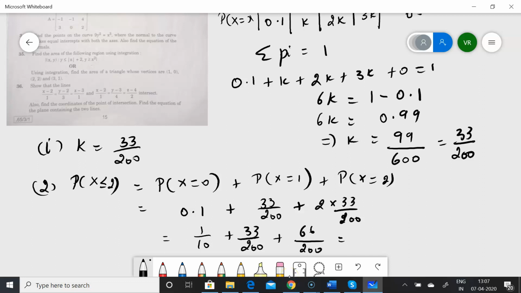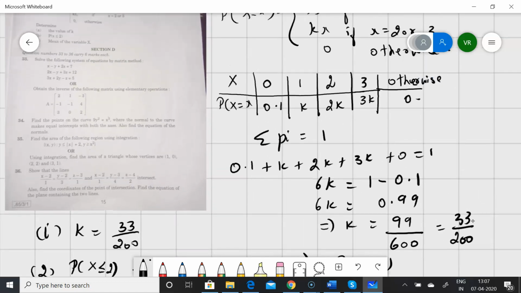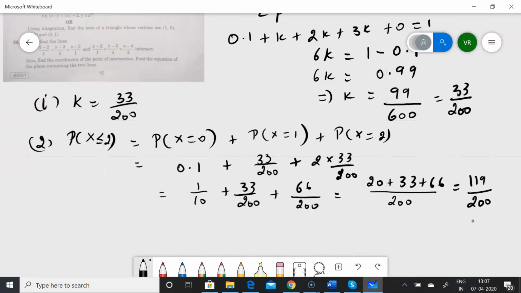So that gives me 200. So 20 plus 33 plus 66, which is nothing but 119 by 200.